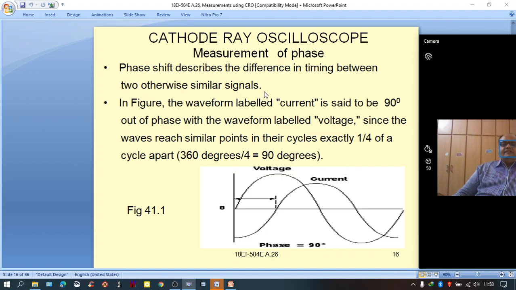A simple example: when a sinusoidal signal is applied to a resistor, then a sinusoidal current would be generated in the circuit, with magnitude V by R, where V is the instantaneous value and R is the value of resistance. Suppose V is Vm sin omega t, then I is equal to V by R into sin omega t. That is, V by R is I sin omega t.